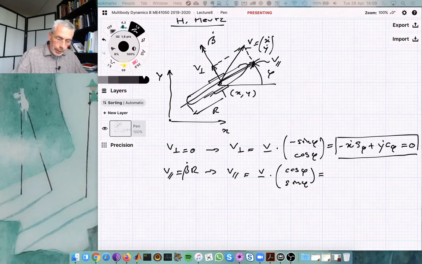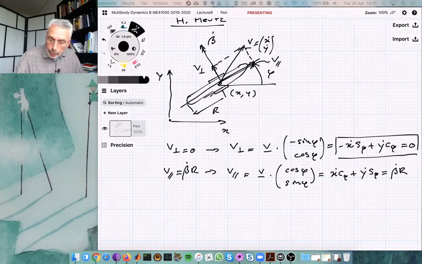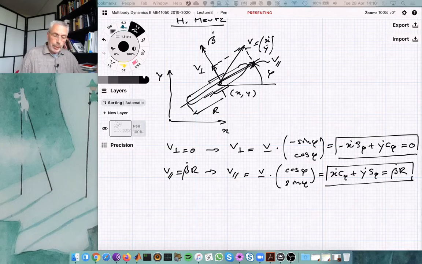That is x dot cosine phi plus y dot sine phi, and that should be equal not to 0, of course, because we want pure rolling. It should be beta dot times r, and that is our second constraint.